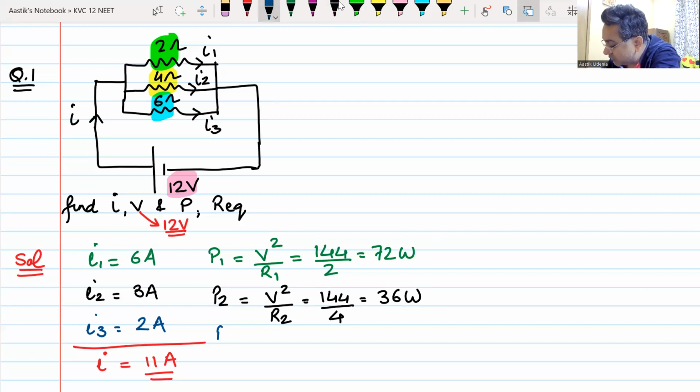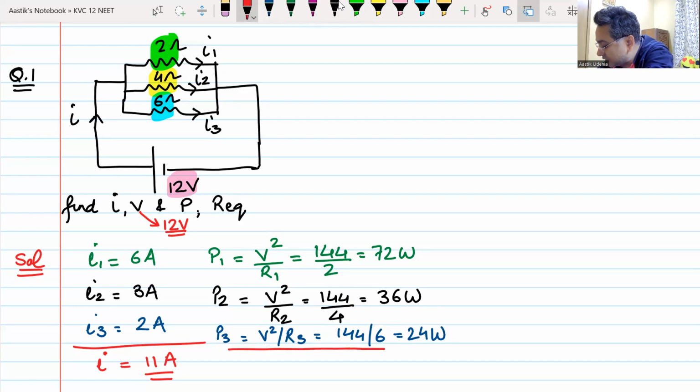Talking about the power in the third resistor, P3 will be again V square divided by R3. V square is 144, divided by 6, that is 24 watt. Now I can ask you what is the total power in the three resistors.